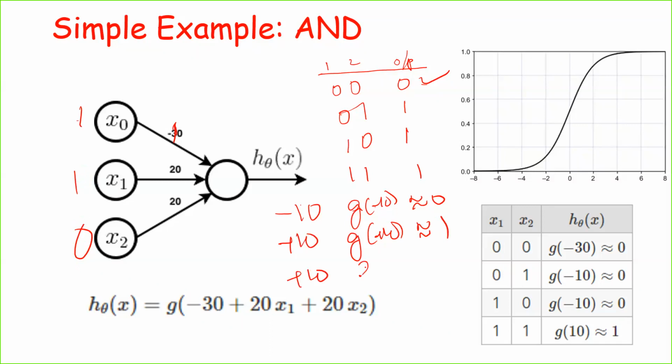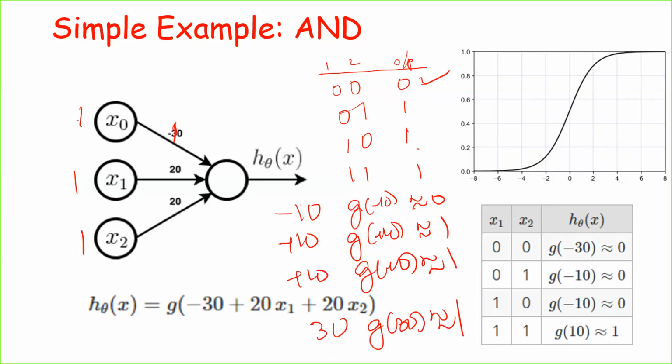Plus 10 again. Z of plus 10 is 1. What is the net sum that I get if I give both ones? 30. What is Z of 30? +1. So isn't it an OR gate?